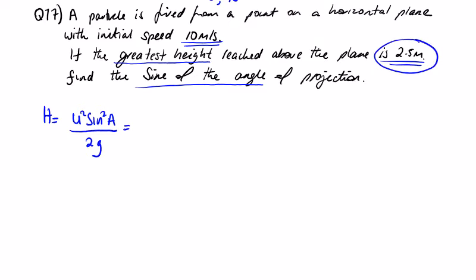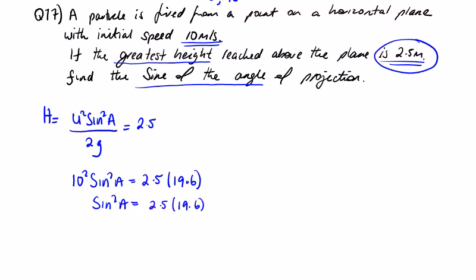In this case my greatest height is 2.5. So u is 10, so 10 squared sine squared alpha is equal to 2.5 by 19.6, which is my 2g. So sine squared alpha is equal to 2.5 by 19.6 divided by 100.